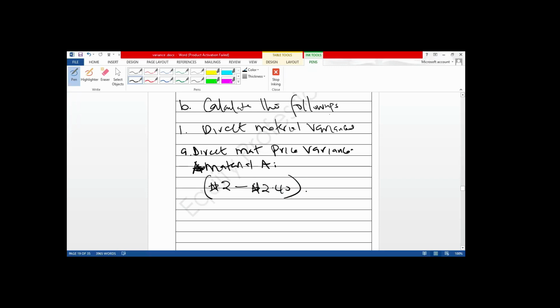Actual quantity of material, 192,000 kg. What is the variance here? 0.4 negative multiplied by 192,000. You have 76,800 A.